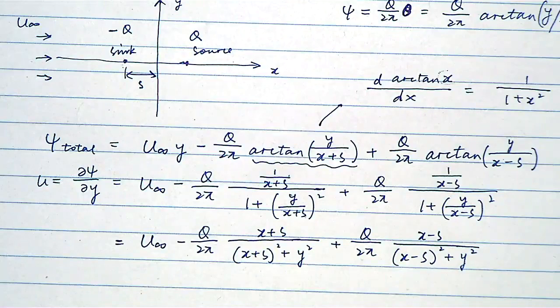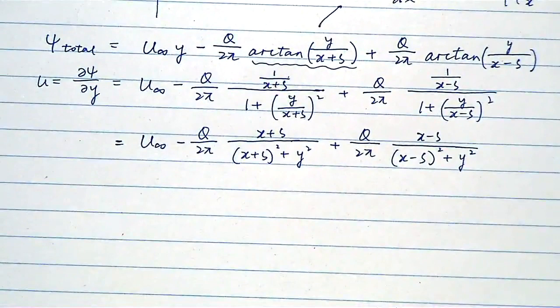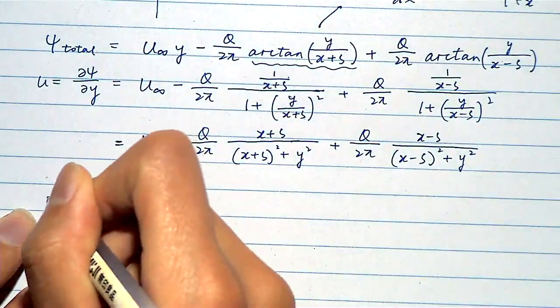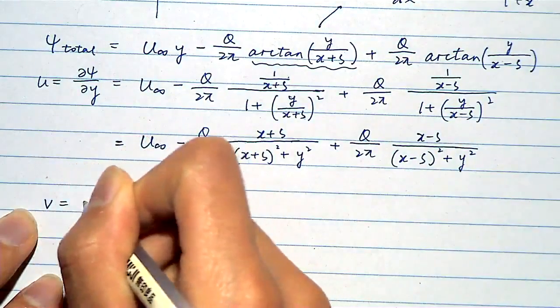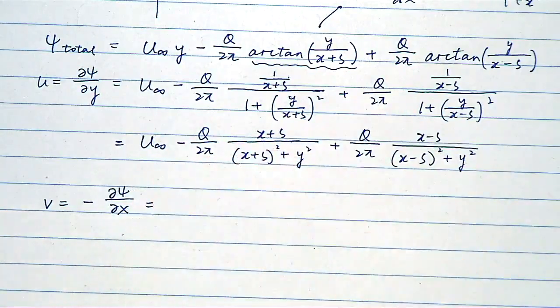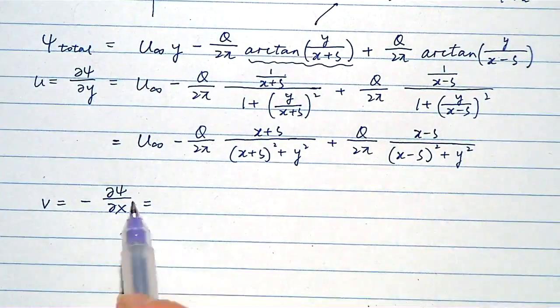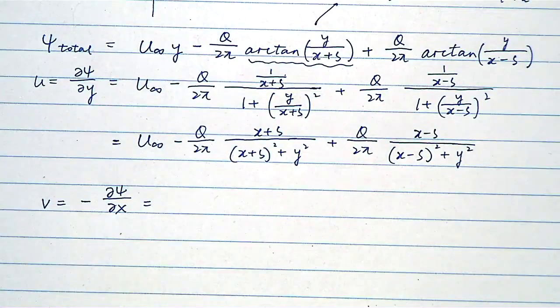And I want to have a look at the y component first. So for the v velocity, it equals negative partial psi partial x. You really have to be careful with all these calculations. Just be patient. You should be able to get there. Okay, so differentiate that with regard to x.